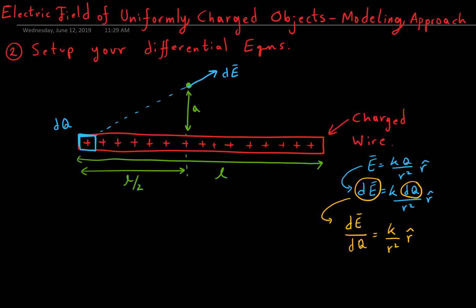But we want to integrate this to get the final electric field, which is why we're going to write this in this form. So let's go back to our example over here. Remember, electric field is a vector, so we have to break this into its components.